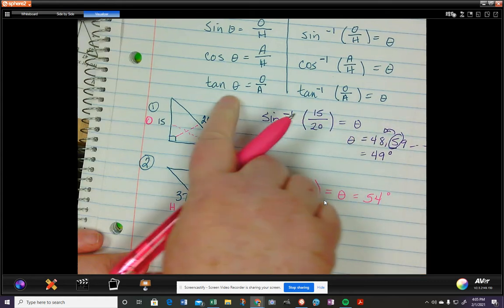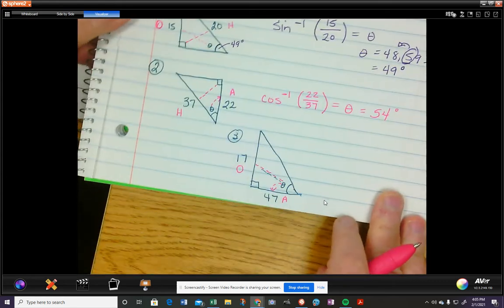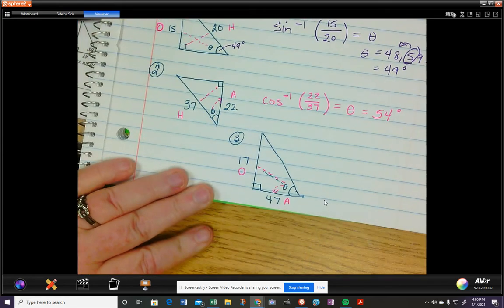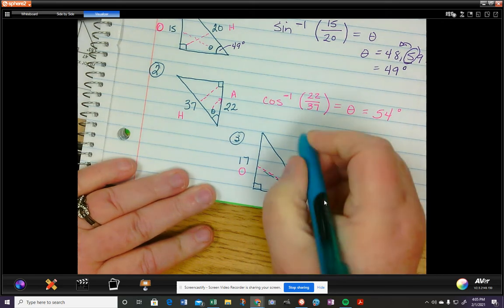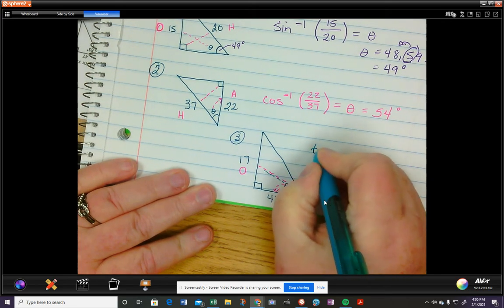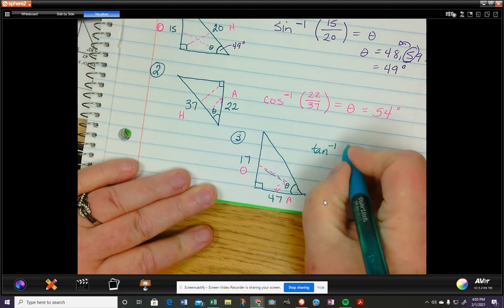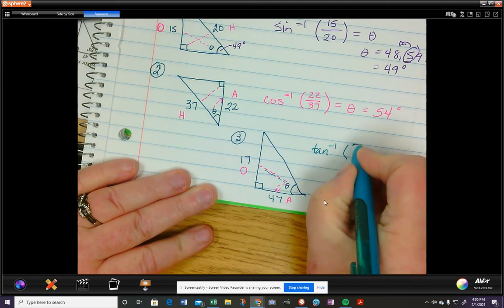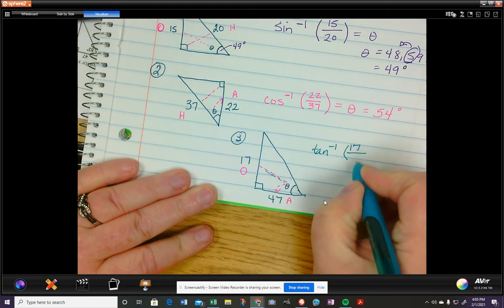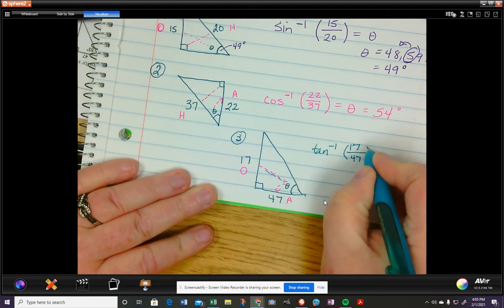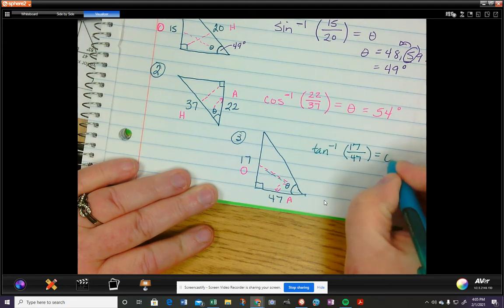Tangent. So I'm going to use the inverse of tangent. So tangent inverse of 17 over 47 equals theta.